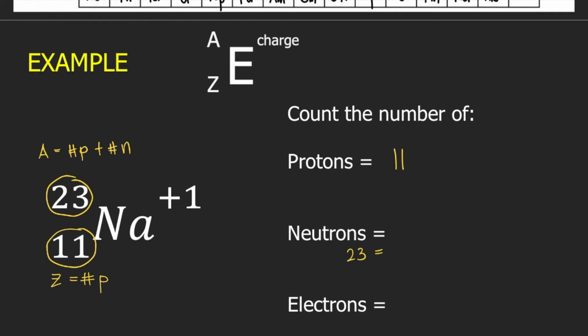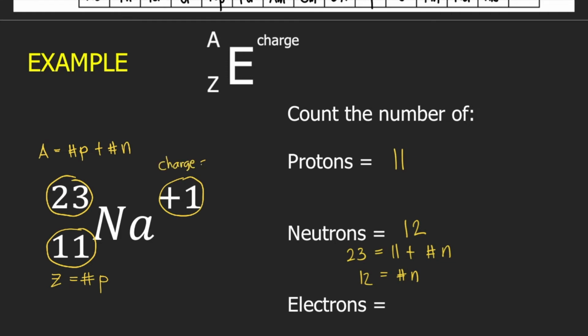That's equal to the number of protons, 11, plus the number of neutrons. Therefore, the number of neutrons is how many? So that's 23 minus 11, that's 12. There are 12 neutrons.